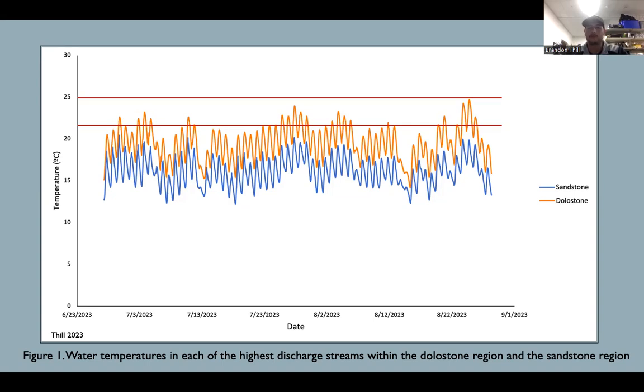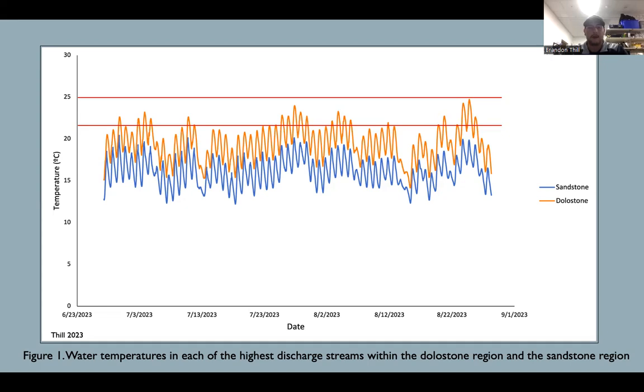And now it becomes really apparent how often that dolostone stream approaches, if not crosses, that 22-degree preference limit of the brook trout. And even looking into late August there, when we had, I don't know, 106 degrees or something, that dolostone stream just about got to that max limit for the brook trout.